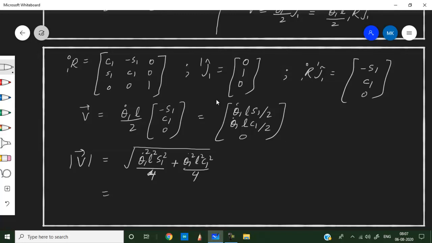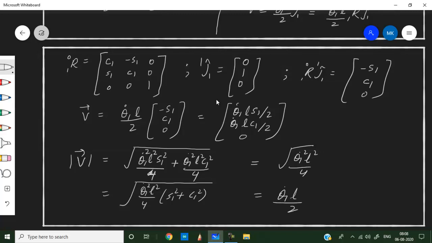So this will be the square root of theta 1 dot square L square by 4, which is nothing but theta 1 dot L by 2. So your velocity is finally nothing but theta 1 dot L by 2.